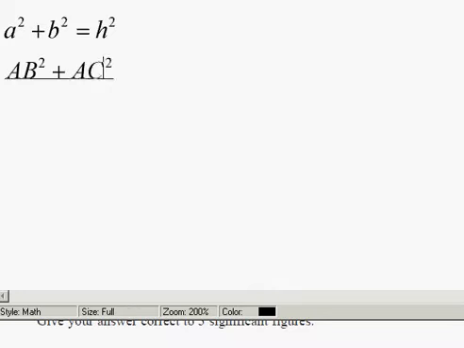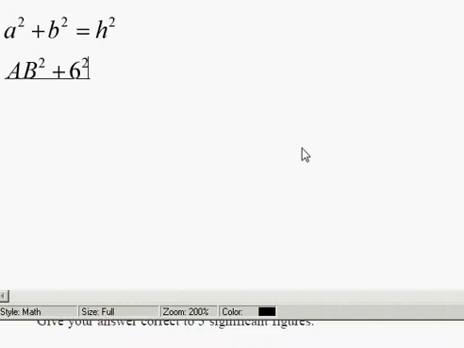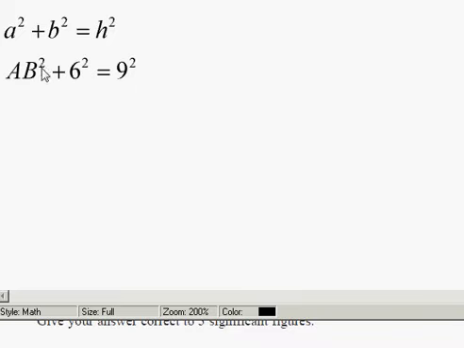So instead of writing down AC squared, I write down 6 squared equals BC squared, and I know that BC equals 9 centimeters. So instead of writing down BC, I'm going to write down 9. So using the Pythagorean theorem, I know that side AB times itself plus 6 times itself equals 9 times itself.